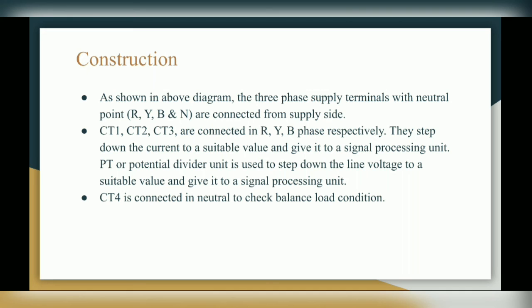PT or potential divider unit is used to step down the line voltage to a suitable value and give it to a signal processing unit. So basically CT and PT are used to step down the current and voltage, and their output is given to the signal processing unit. CT4 is connected in neutral to check the balance load condition.